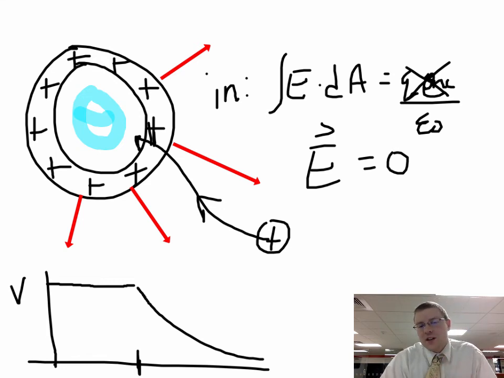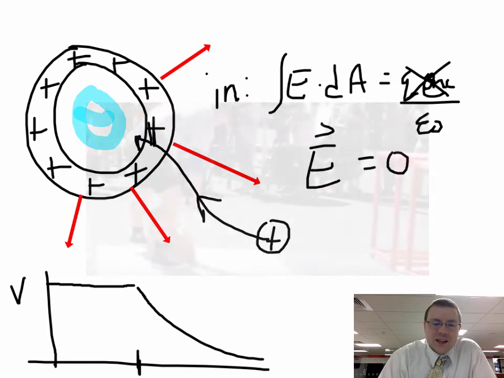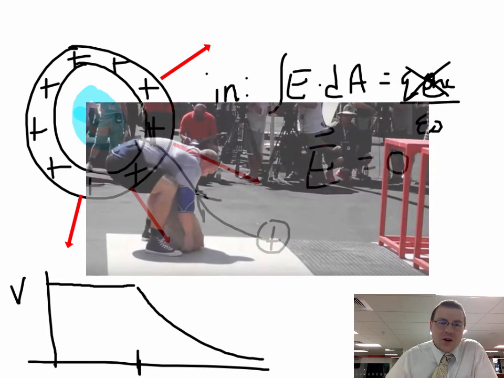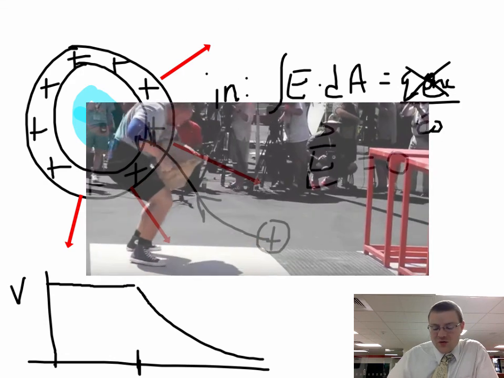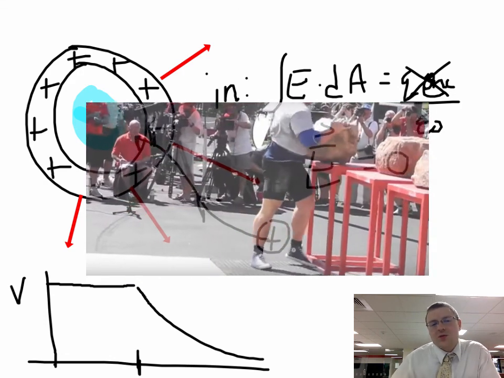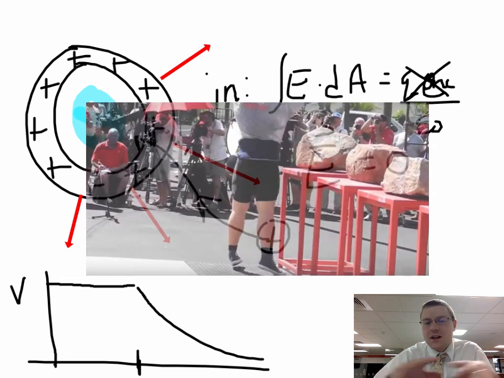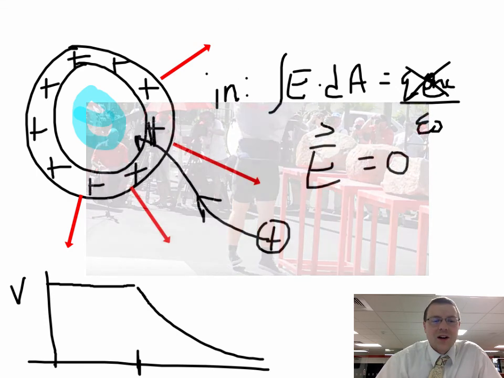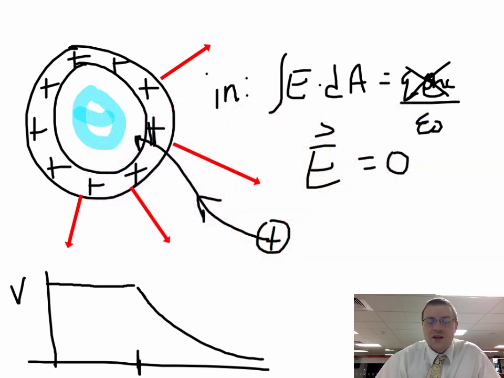Just because you don't have an electric field doesn't mean you don't have a voltage. It's like raising a mass up a really, really high hill. When you reach the peak, there's a nice level plateau, so you don't have to do any more work. You can just stay up there at that high potential. You don't need to fight anything anymore.